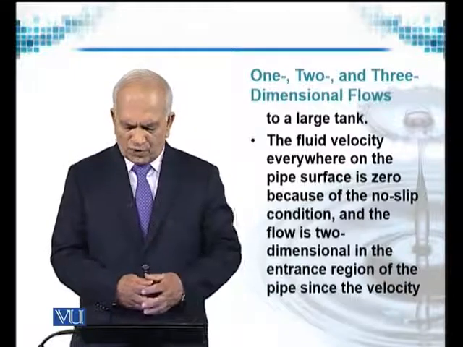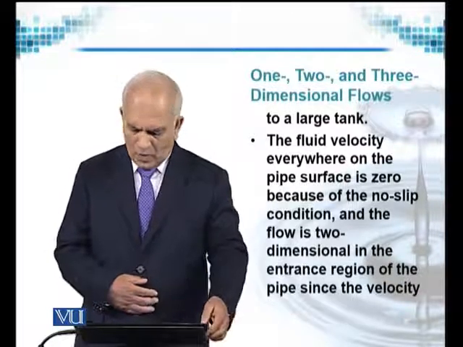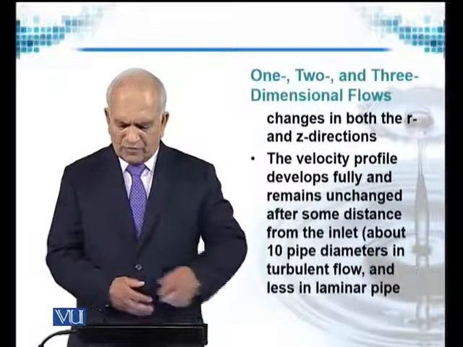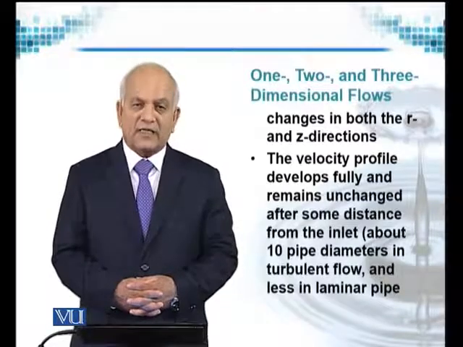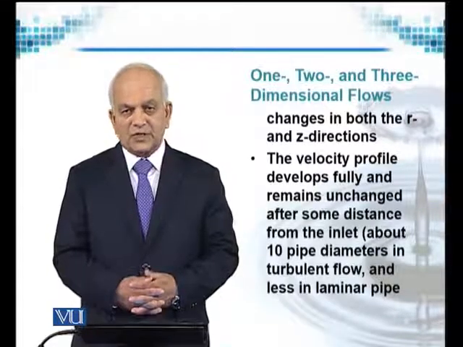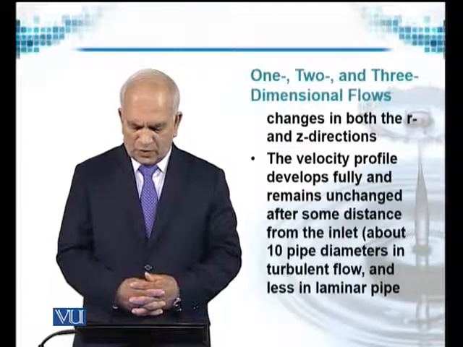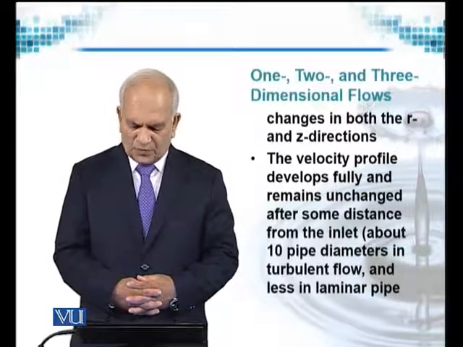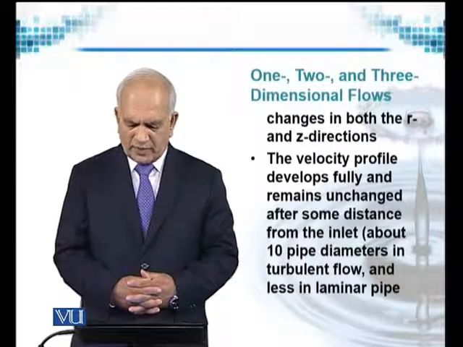The flow is two-dimensional in the entrance region of the pipe, since the velocity changes in both the r and z direction. In the beginning, it's changing in the two directions, as we have seen, and the picture was showing clearly. But then the velocity profile develops fully and then it remains unchanged with respect to z.